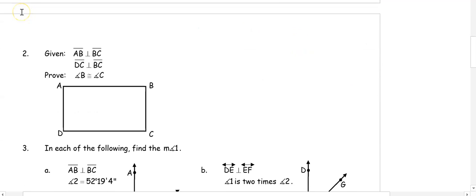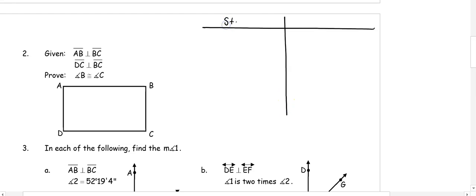In number 2, given that AB is perpendicular to BC and DC is perpendicular to BC, we want to prove that angle B is congruent to angle C. So when we do a proof, we're going to do this in a 2-column proof. One side is going to have our statements and one side is going to have our reasons.